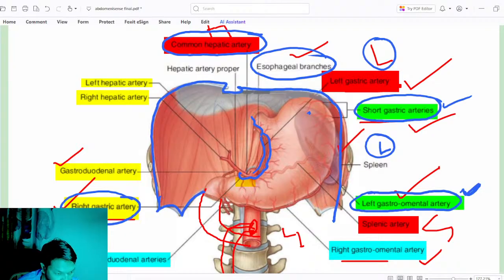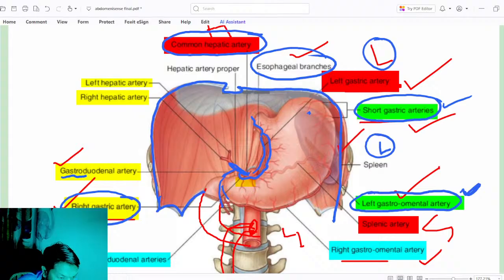So the first branch we get is the right gastric artery, then we get another branch which gives supply to the duodenum and also the pylorus of the stomach. That's why its name is gastroduodenal artery, also a branch of the common hepatic artery. The gastroduodenal artery again comes here and divides into two parts.